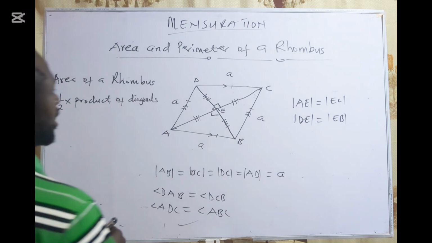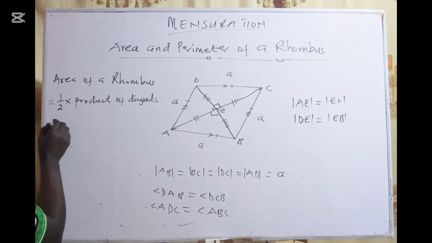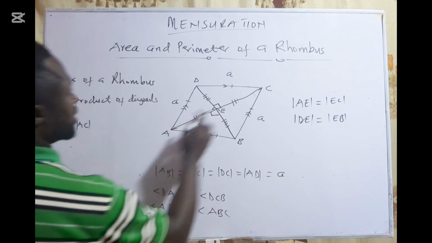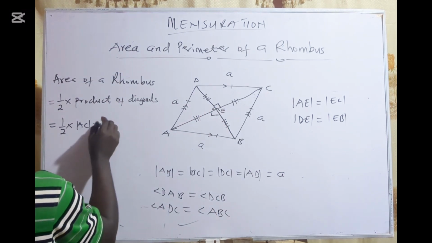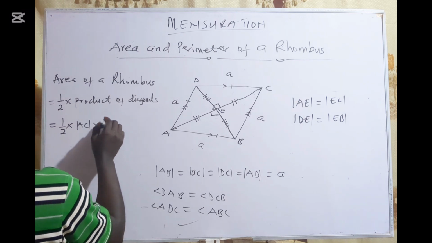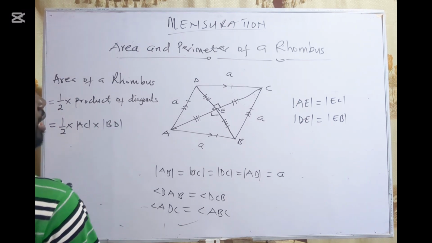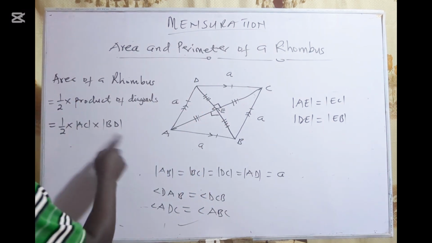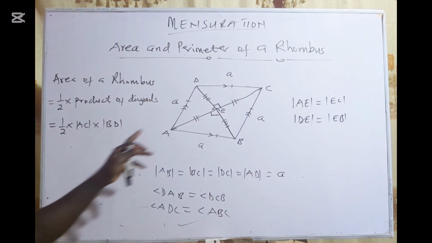So what are the diagonals? I have AC, so half times the length AC, that's one of the diagonals, and then times the length DB, or BD, the other diagonal. So the diagonals are AC and BD. Half times the product of the diagonals.